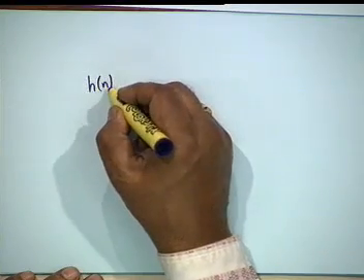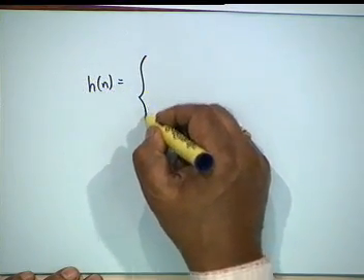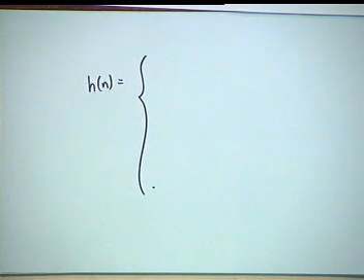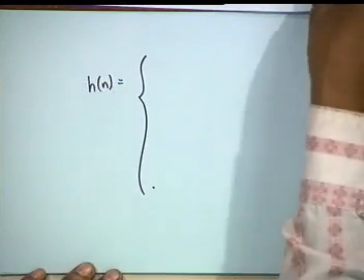And when these conditions are satisfied, you can write h of n, the impulse response, as equal to, obviously it shall be different for capital N even and capital N odd.